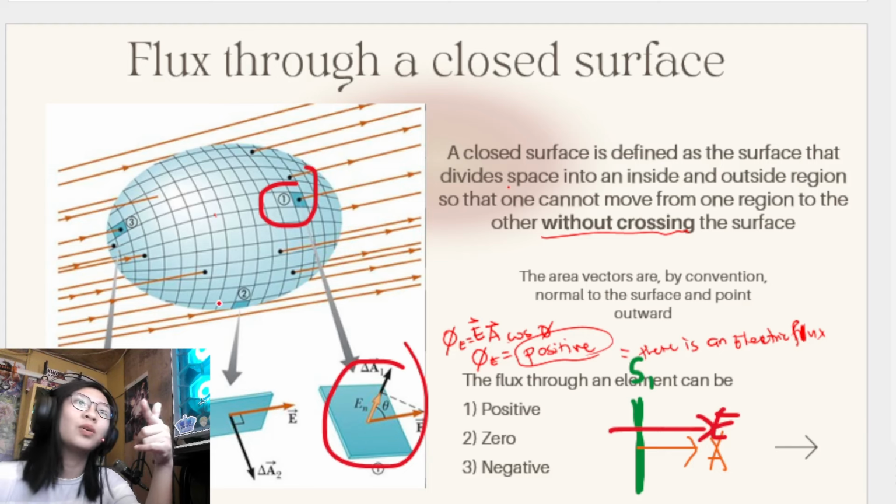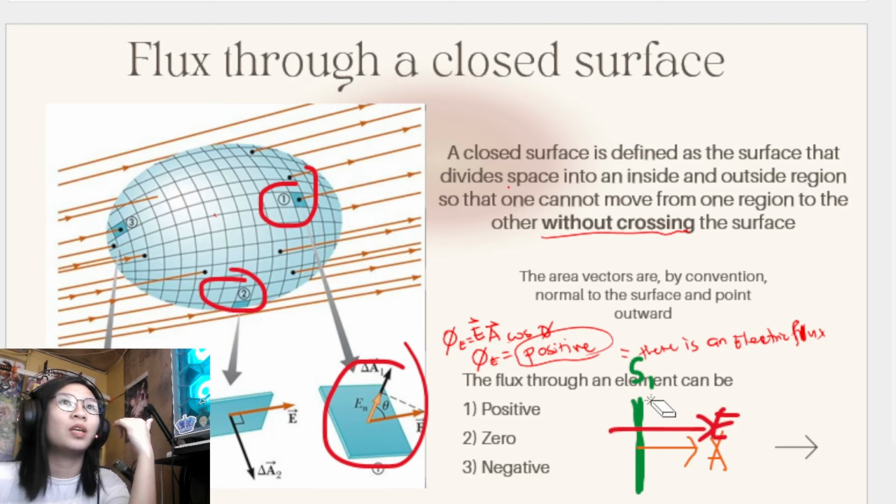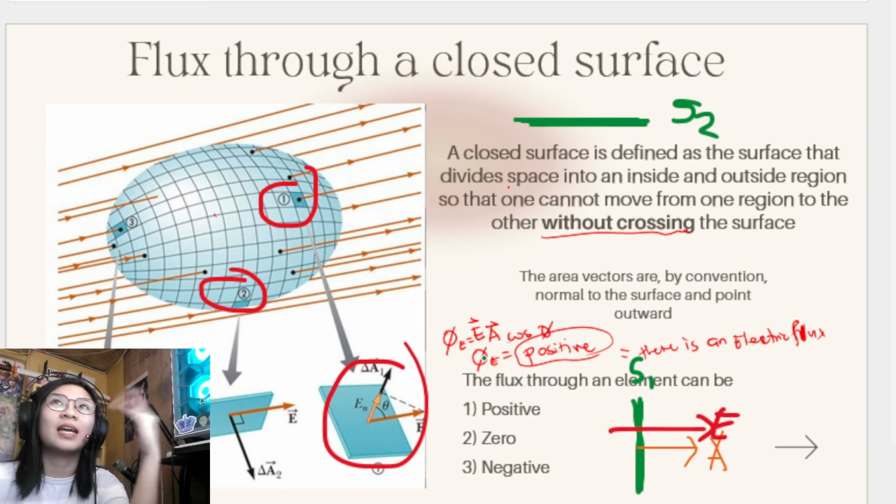Now, let's go to S2. S2 is here, at the bottom. If we are to draw that, S2 will be something like this. You can see here that E does not penetrate S2.